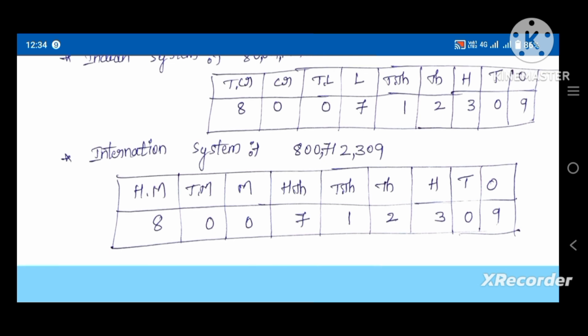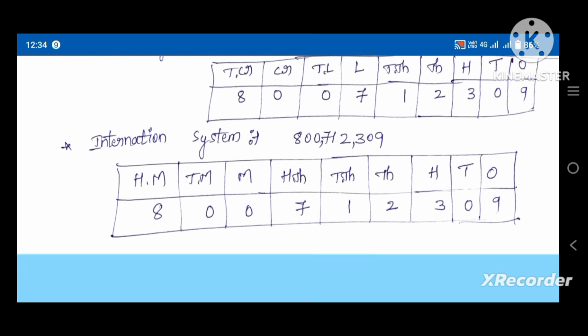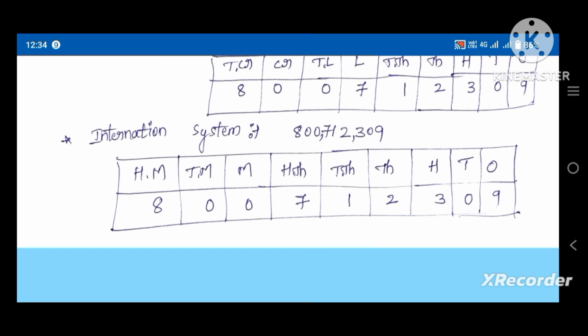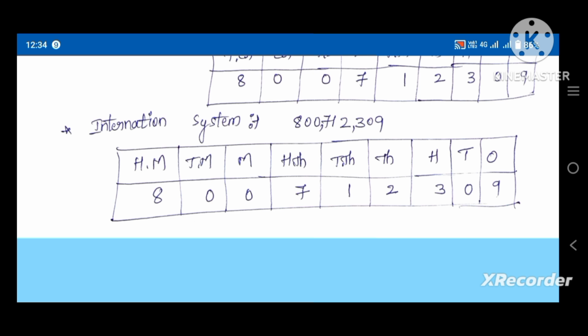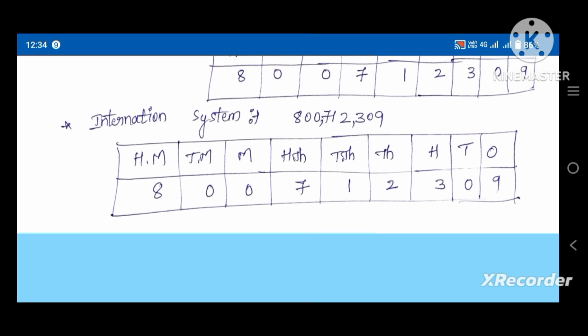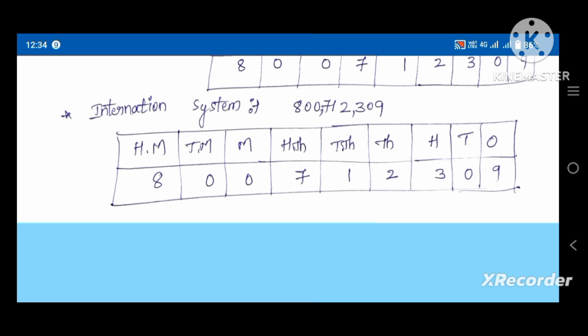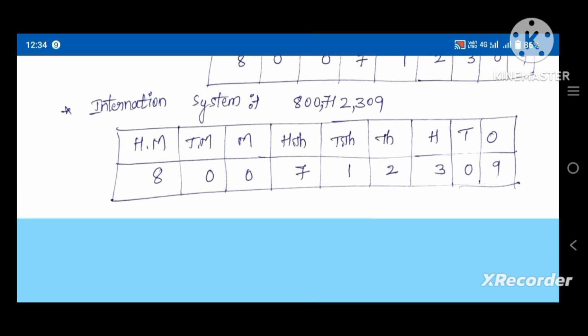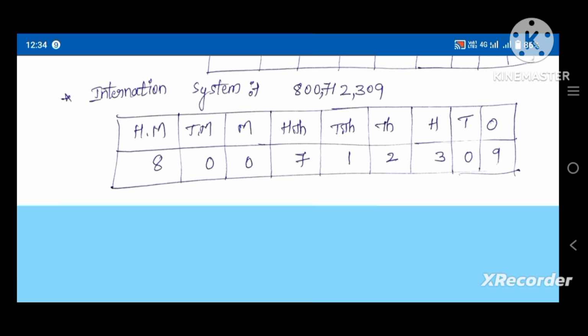International system, 800,712,309. Ones place 9, tens place 0, hundred place 3, thousand place 2, 10,000 place 1, 100,000 place 7, million place 0, 10 million place 0, 100 million place 8.